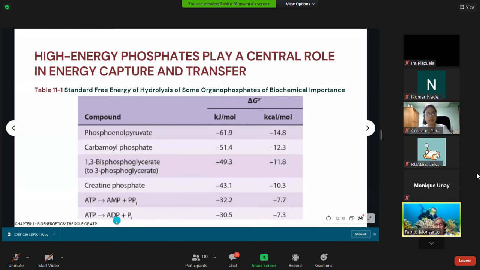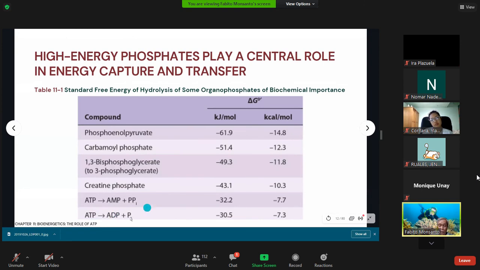To make this into ATP, you need a phosphate higher than 7.3. So you may use phosphoenol pyruvate, you may use creatine phosphate, which is in the muscle, and that's 10.3. You can take that phosphate and add it to ADP to become ATP again, so that the reaction goes this way.